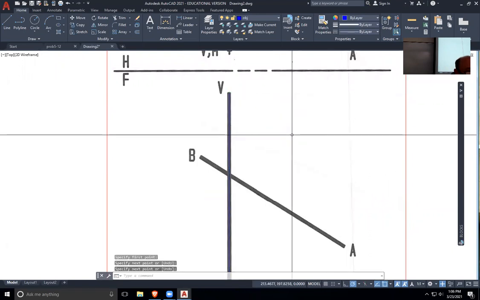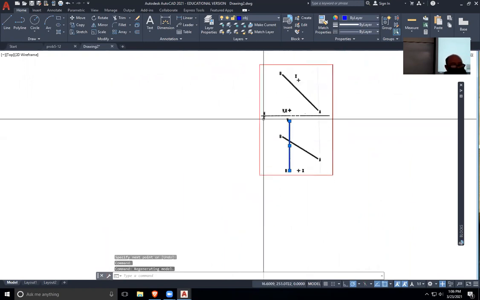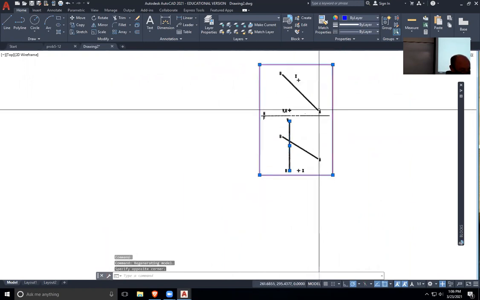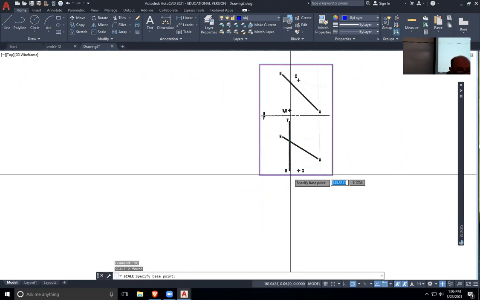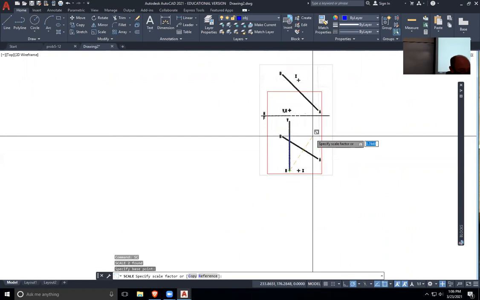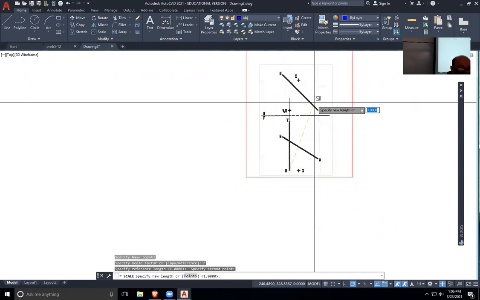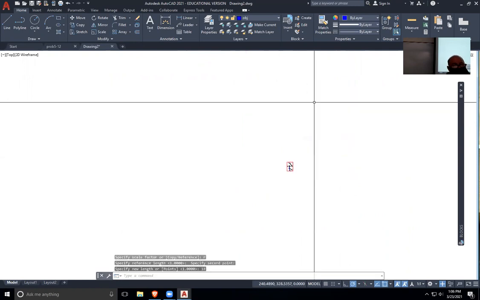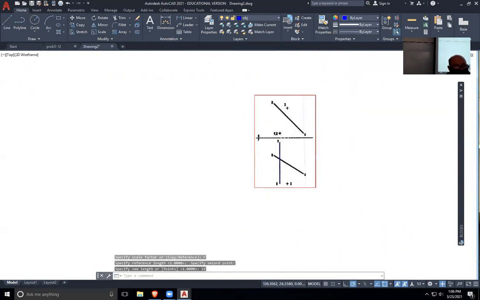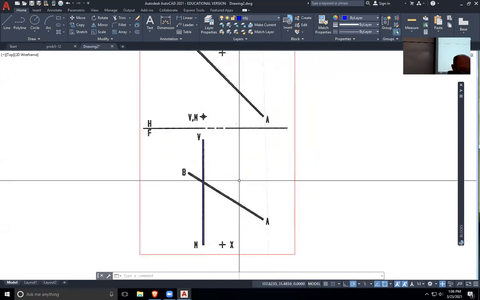That'll be my reference. Okay, so select both of these, scale, bottom of them, and reference this to this, and I'll just make it 18. So AutoCAD thinks it's inches, but whatever.